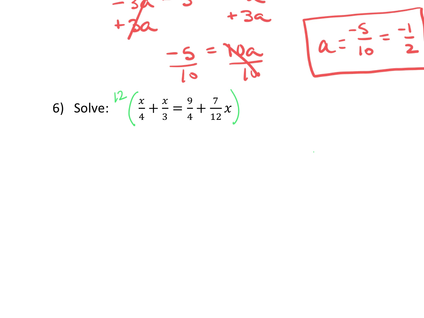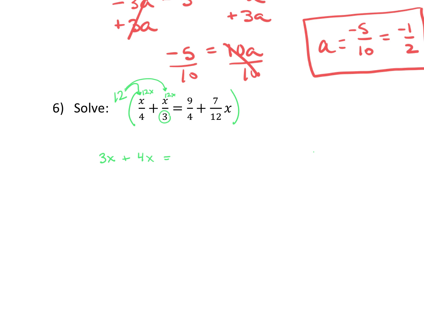So what that's going to look like is we're going to do 12 times x. And some of this I just say out loud. 12 times x is 12x. Maybe I'll write it above just so you can see what I'm doing. Then we take that 12x and we divide it by 4. 12x divided by 4 is just a 3x. I'm going to carry down the plus. Now I'm going to do 12 times this x. Well, that's another 12x. That 12x divided by 3 is 4x.